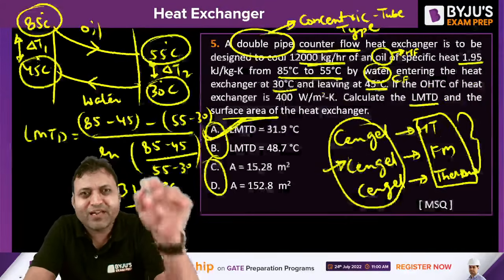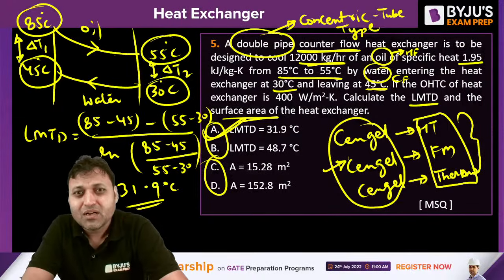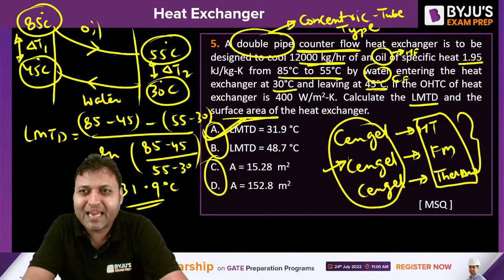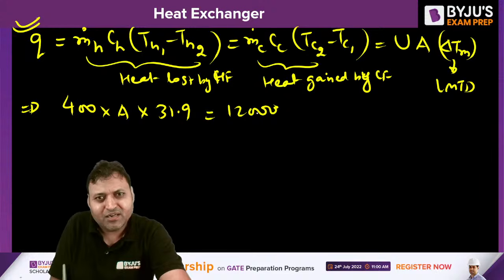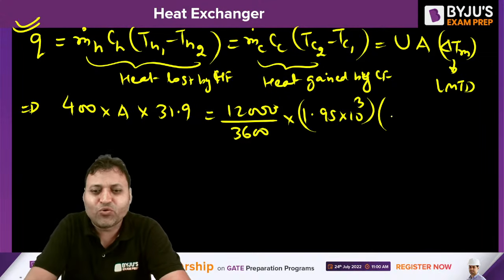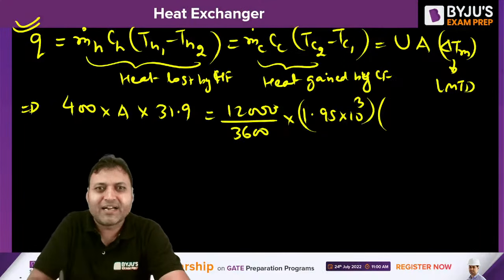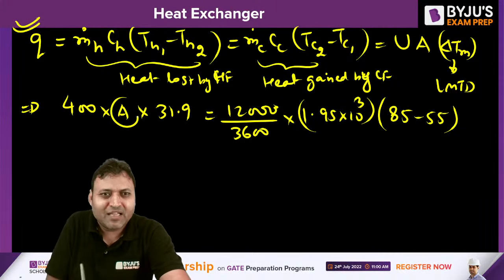The mass flow rate for the hot fluid is 12,000 kg per hour, and the specific heat is 1.95. It is kg per hour, so it will be 12,000 divided by 3600 into 1.95 into 10 to the power 3. You should put all the parameters in their SI units, into TH1 minus TH2. That is 85 minus 55 will give you the answer for A.